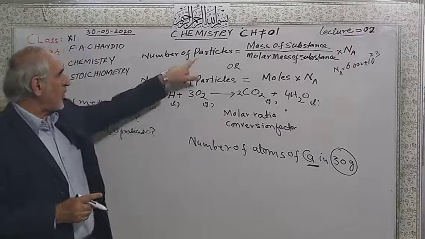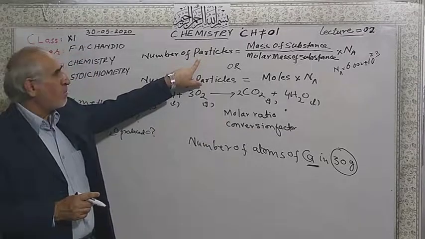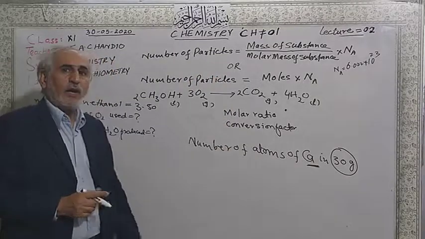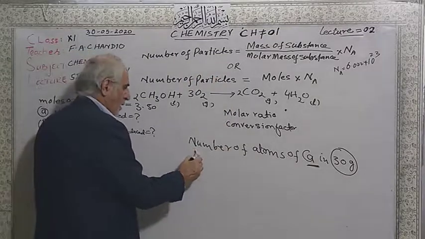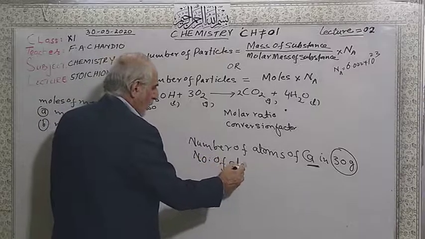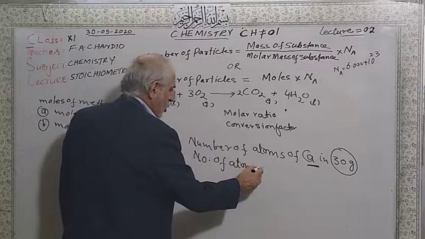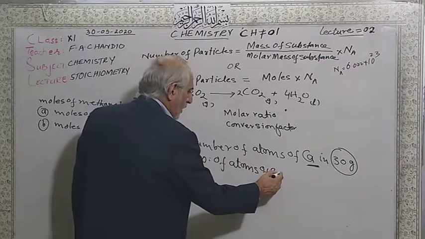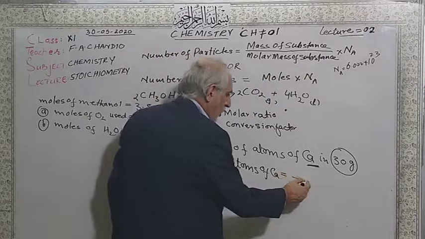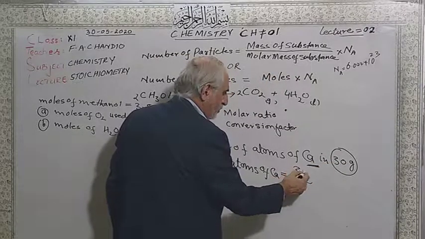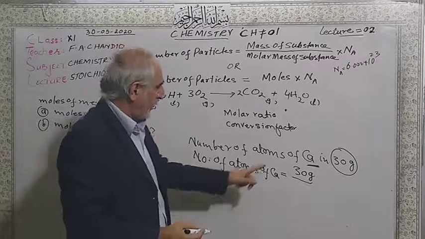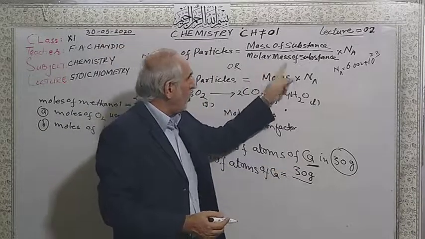So dear students, you have to use this formula. Number of particles means number of atoms. So write down here, number of atoms of calcium. Mass of substance is 30 grams given here, divided by molar mass.